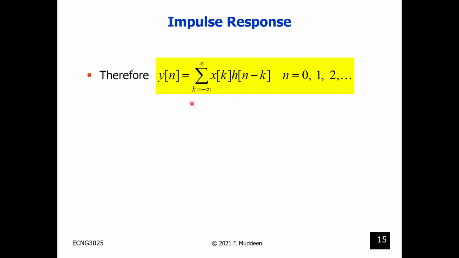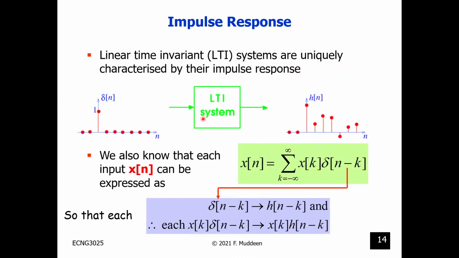So instead of writing our x of n as being the summation series of x of k delta n minus k, linear time invariant systems basically represent how our signals are manipulated by some sort of system being h of n.